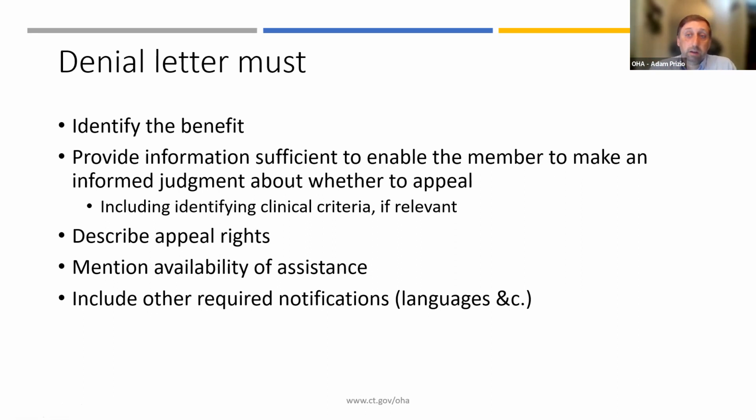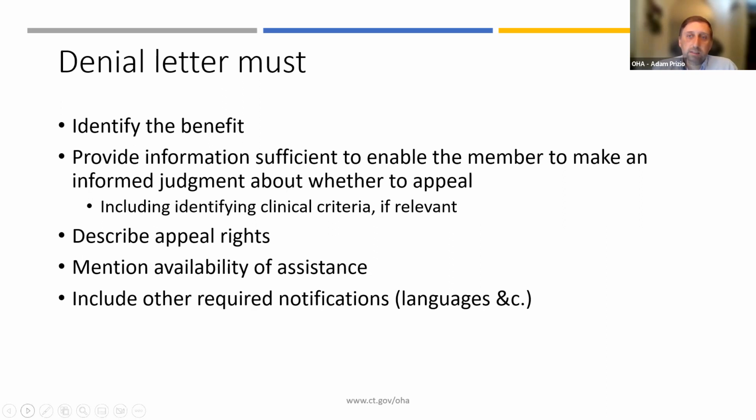For plans that are regulated by the federal government, they'll mention that you can contact the different federal authorities, CMS, which regulates Medicare and Medicaid, or the Department of Labor, which regulates the ERISA plans. For state regulated plans, they have to mention that you can contact the insurance department. And also they mention that you can contact OHA, our office, which is the state designated consumer assistance program.